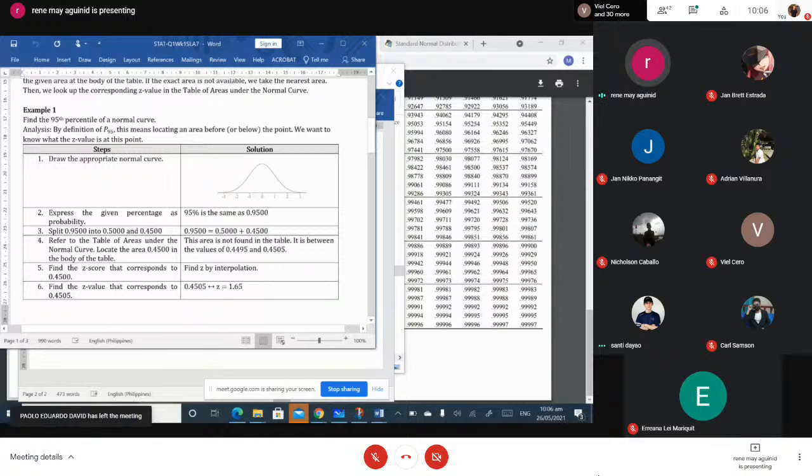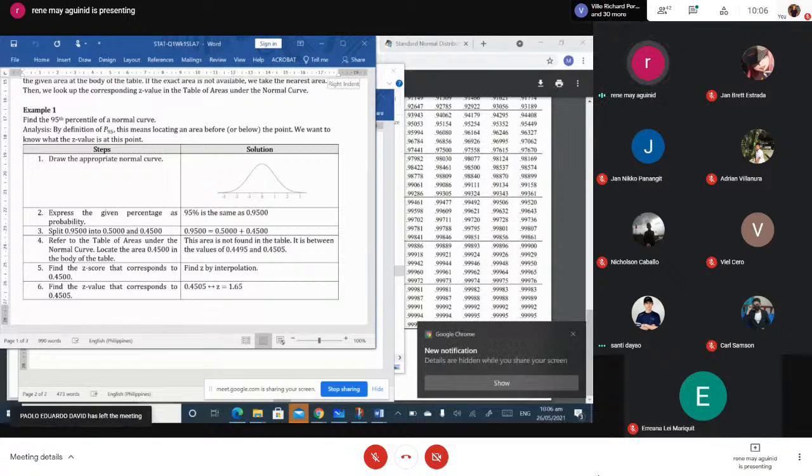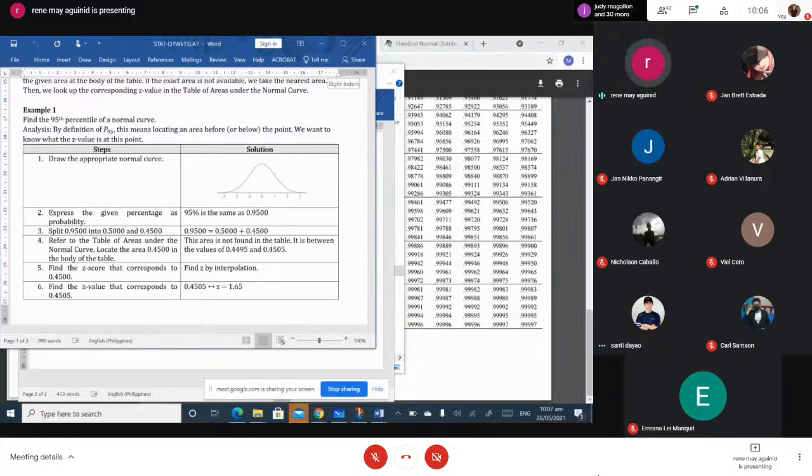Basta pasabutan niyo, kung 95th percentile, naa 5% above nimo, ug 95% below nimo. That is what the 95th percentile means.